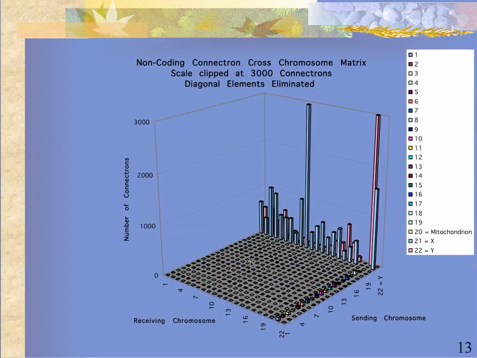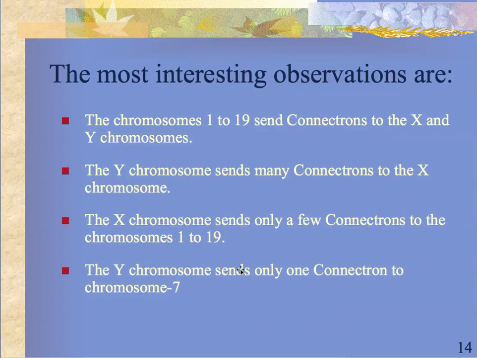Again, if you clip out the 19 by 19, you see that each chromosome sends non-coding connectrons to X and Y. Y sends to X, and it's only X that sends back to the non-coding elements of the 19. So the most interesting observations are just what I've said. 1 to 19 send to X and Y, Y sends to X, X sends to the 19, and Y sends only one connectron to chromosome 7.